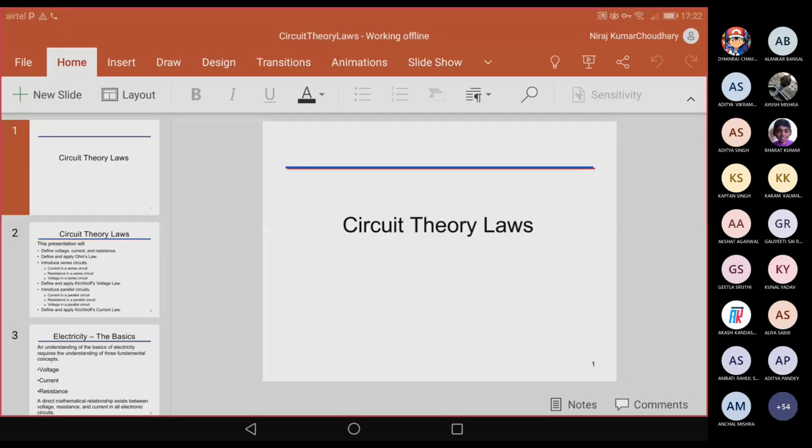So today we will just review the basic concepts of circuit theory laws, right? Mainly Kirchhoff's current law, Kirchhoff's voltage law, and then basic Ohm's law, and about the different components in any electrical circuit, like whether it is a voltage, current, or resistance, or reactance, or capacitance. So all these things we will try to discuss today.